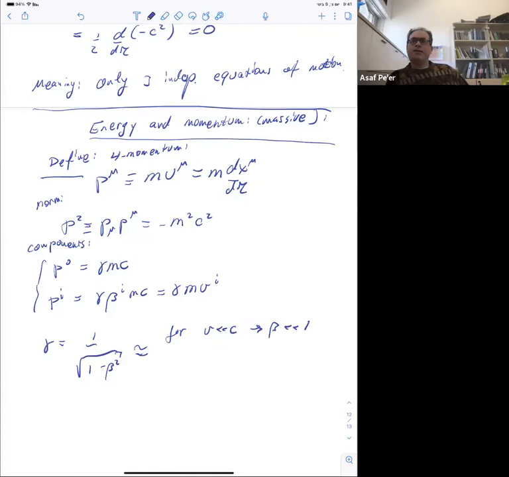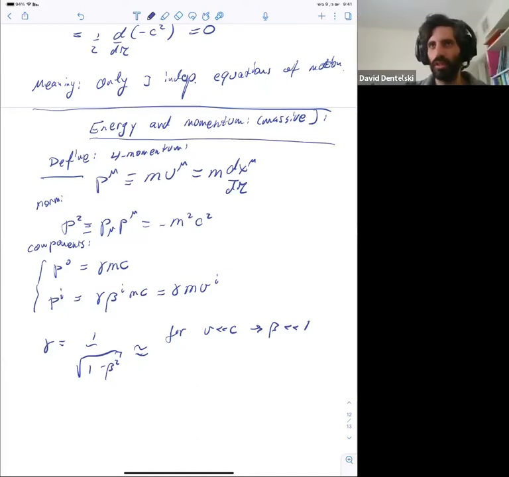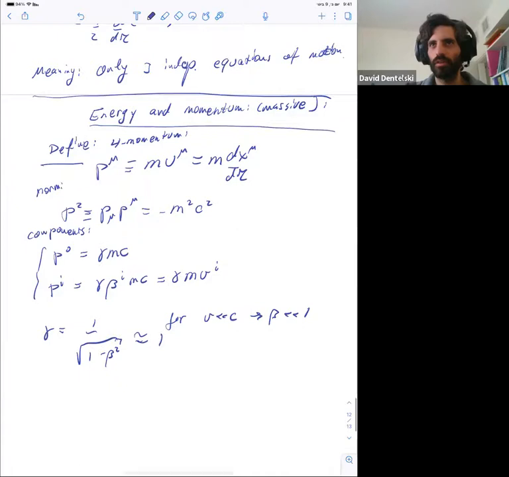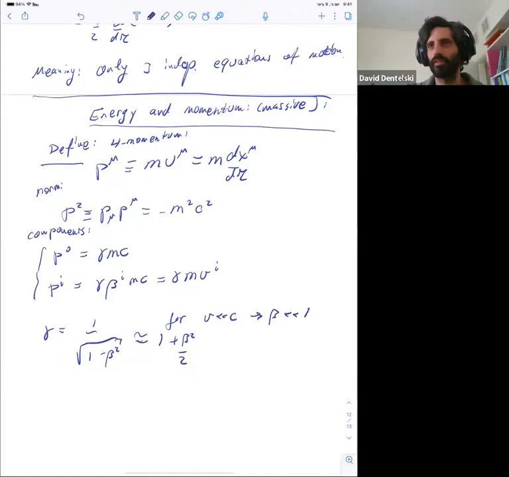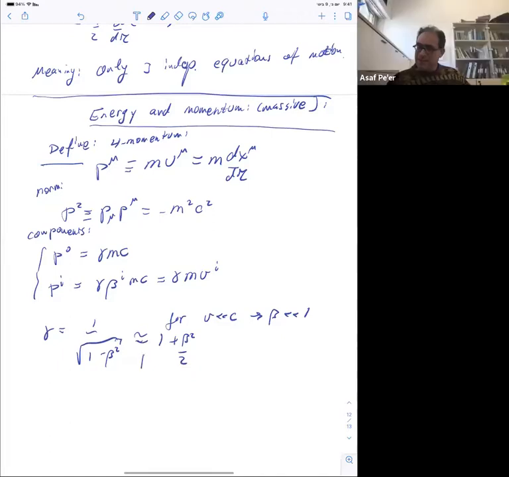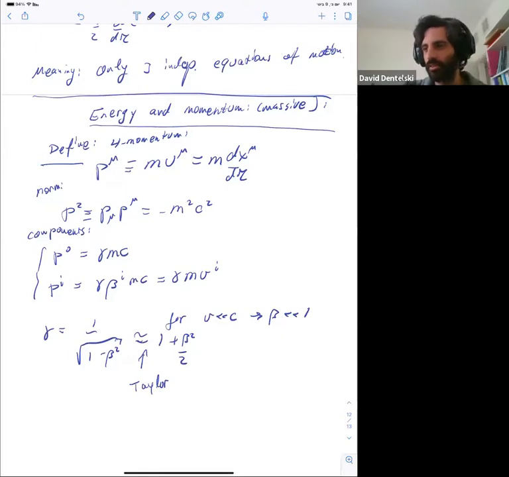Is there anybody here who did not see a Taylor expansion? No? Awesome. So what's the expansion of 1 over the square root of 1 minus β squared, where β is very small? 1 plus β squared over 2. That's a Taylor expansion, and this you should know.